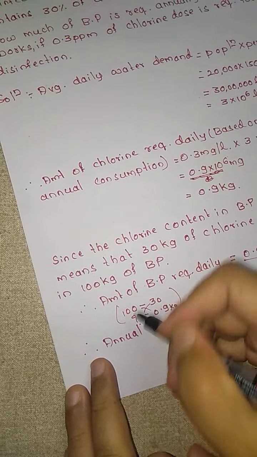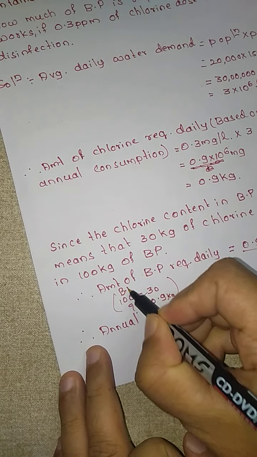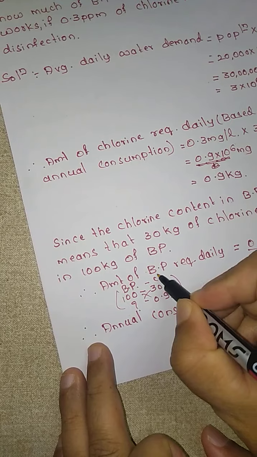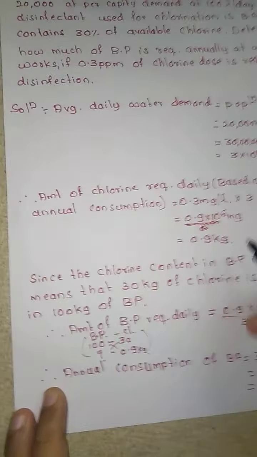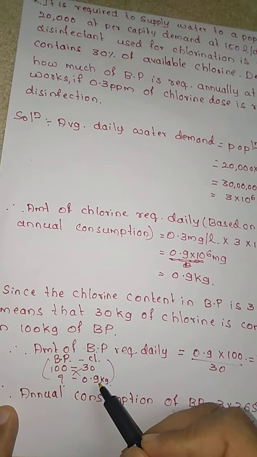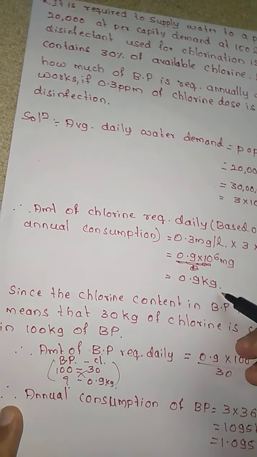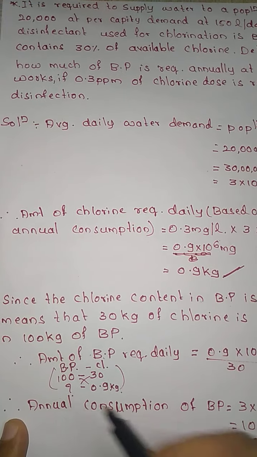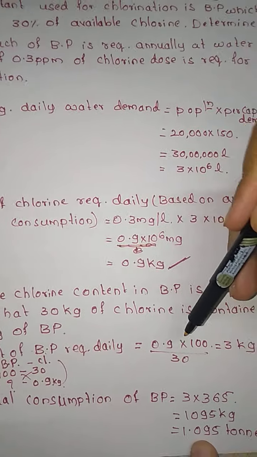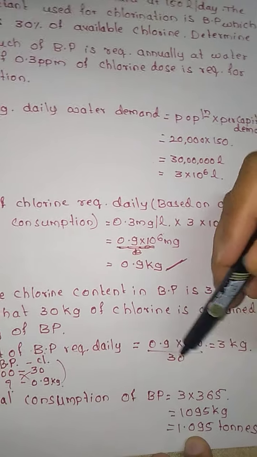In order to remember this, you need to write here BP and here chlorine. So you have determined the chlorine. Below 30 kg will be the chlorine content. Below that we have written 0.9 kg because we have determined the chlorine content. So how much amount of bleaching powder is required? We just need to do the cross multiplication. We are going to get 0.9 into 100 divided by 30.